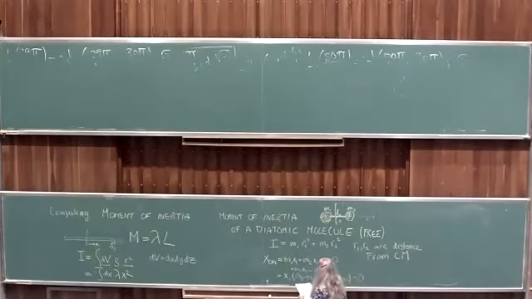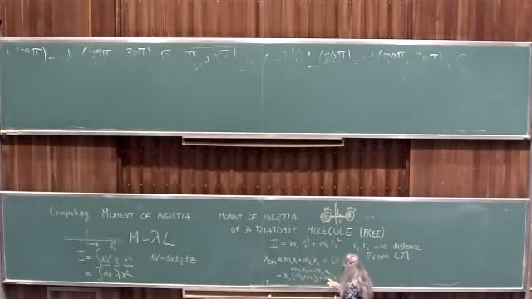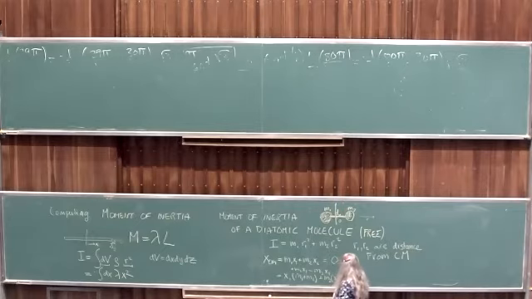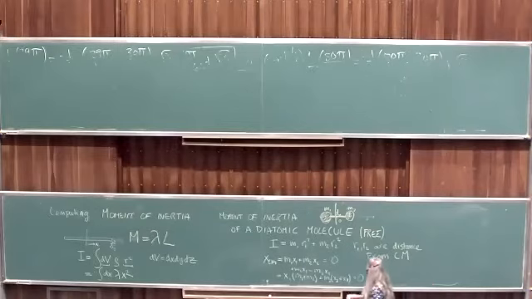So is that right? m1 plus m2, plus m2 x2 minus x1 is what I want. Okay, that's good. And now this gives me x1.